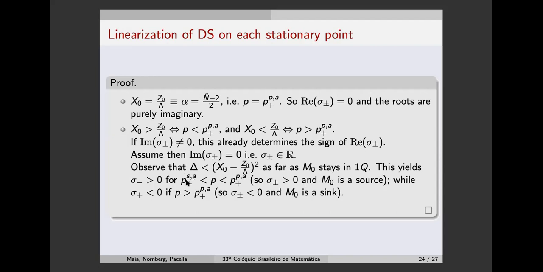For any p in this range, the roots are positive, the eigenvalues are positive, and M0 is a source. On the other hand, if p is bigger than p_pa, then you have negative roots and M0 is a sink. So after some specific calculations, we end up identifying all the possibilities for the stationary point M0.